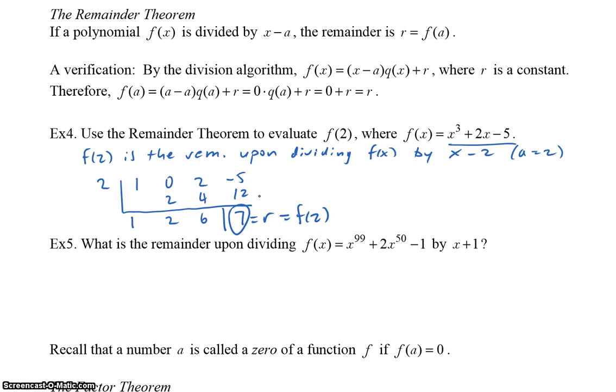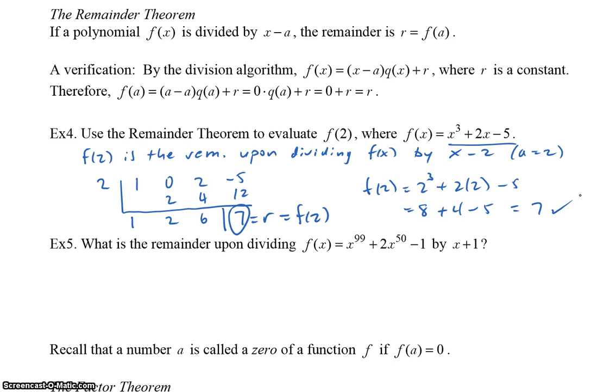Let's verify that against substituting directly into the function. f of 2 would be 2 cubed plus 2 times 2 minus 5, or 8 plus 4 minus 5, or 12 minus 5, or 7. So indeed, by doing synthetic division, we can evaluate a function.